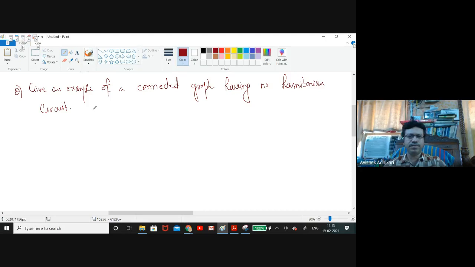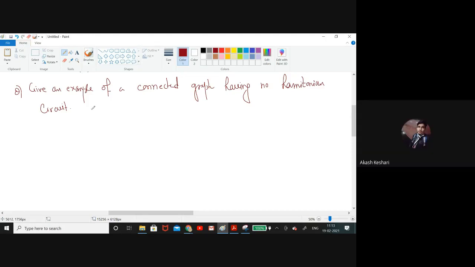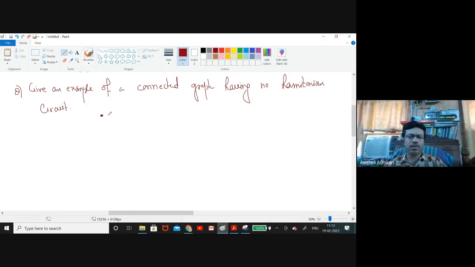Sir, a graph with a vertex of degree 1 cannot have a Hamiltonian circuit. Okay, for degree 1, so like this, how can you have a graph with only one vertex and degree 1?